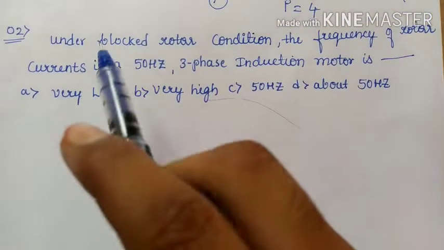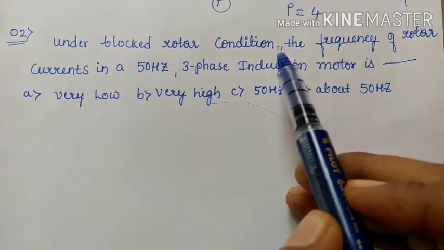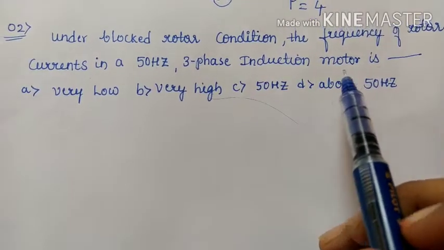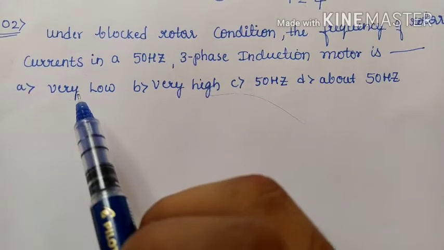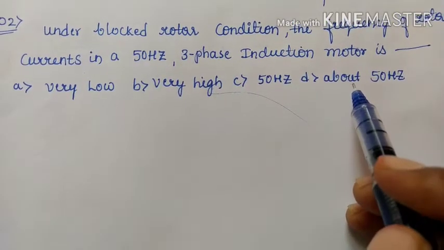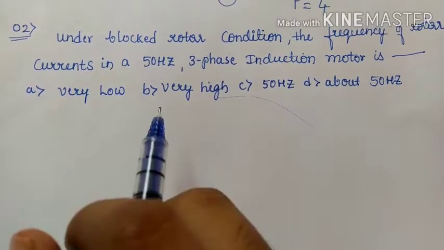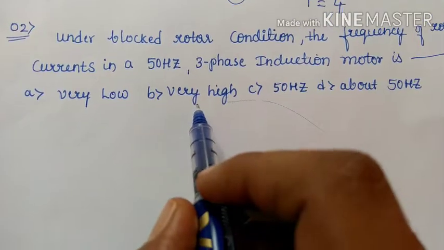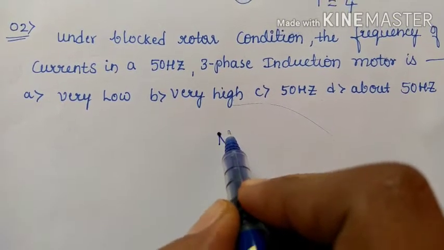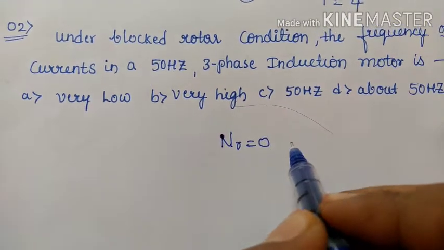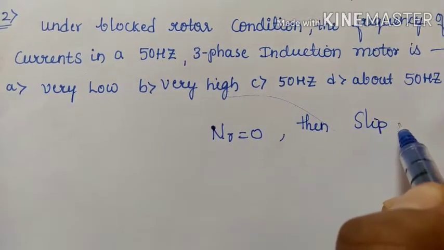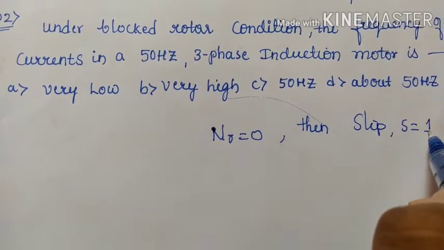So here is the next question. Under blocked rotor condition, the frequency of rotor currents in a 50 Hz 3-phase induction motor is dash. They have given options as A very low, B very high, C 50 Hz, about 50 Hz. Here we know that under blocked rotor condition, the speed of the rotor is 0, that is Nr is 0. Then slip S will be unity.